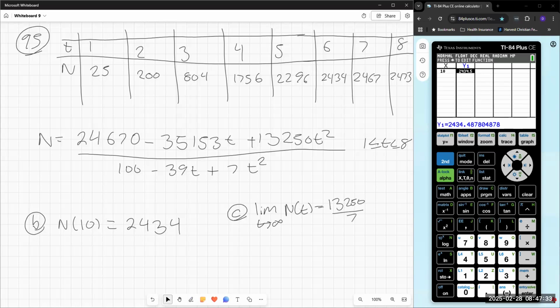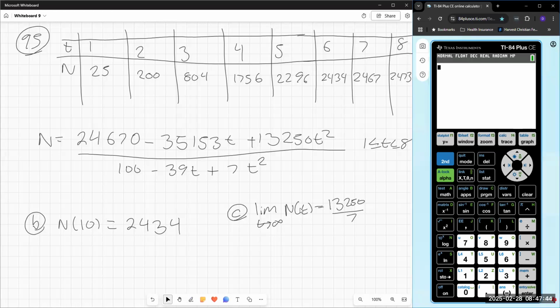In this case, because it has a horizontal asymptote, if this model holds, we should be approaching, and they do use regular rounding rules in the book.